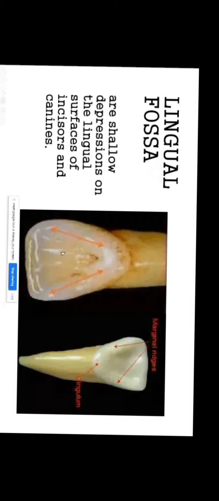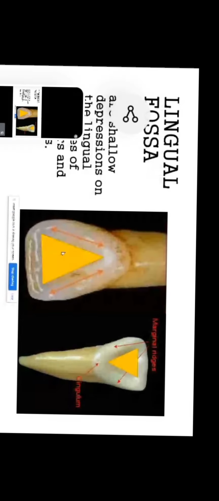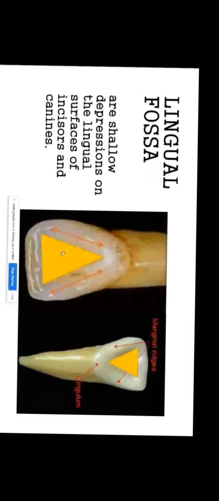Again, it can only be found on anterior teeth. These are lingual fossae: bounded by marginal ridges, incisal, and cingulum.